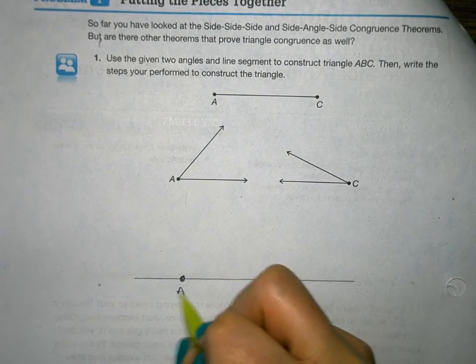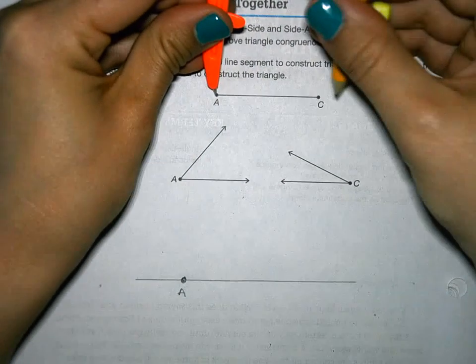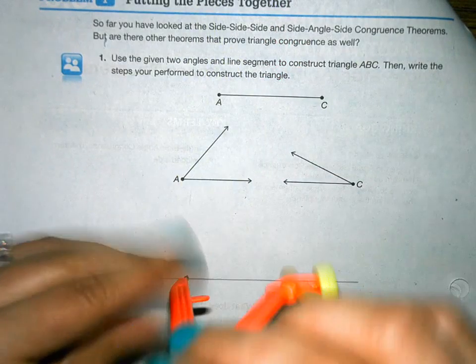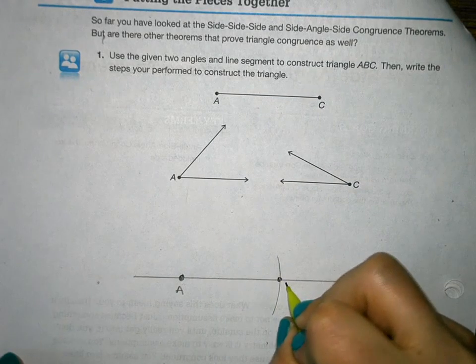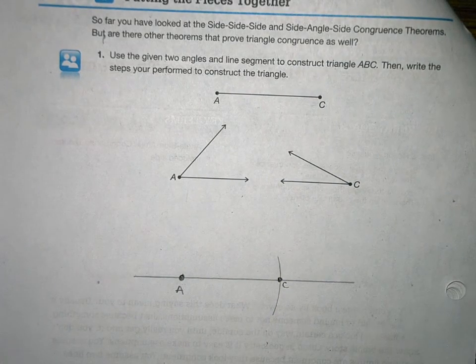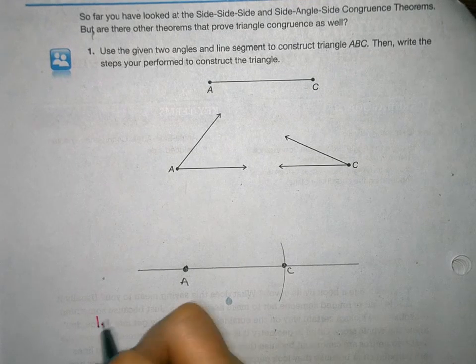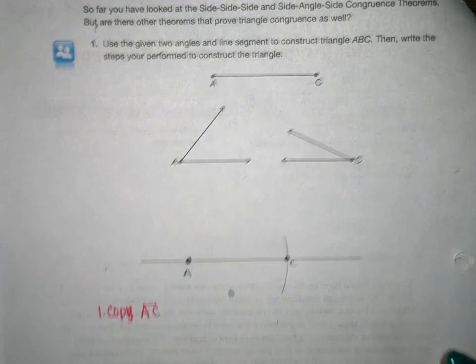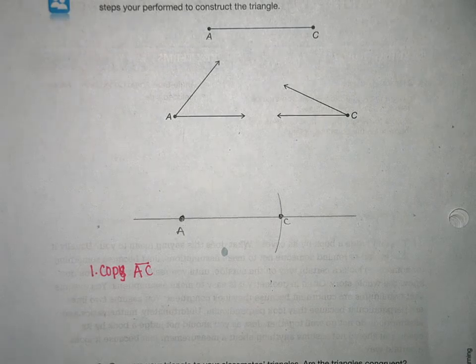So I'm going to put a point and label it A. And then to copy the segment, I'm going to open my compass and then draw an arc on the line that I just drew to start, and label that C. So our first step was to copy segment AC.